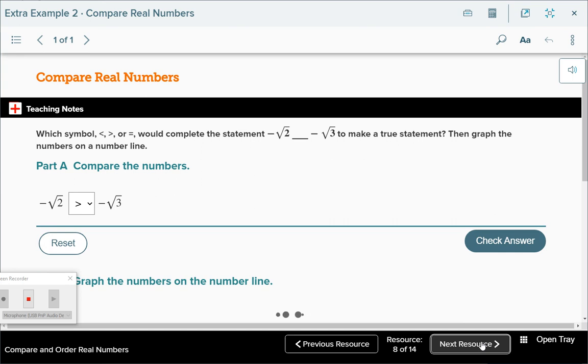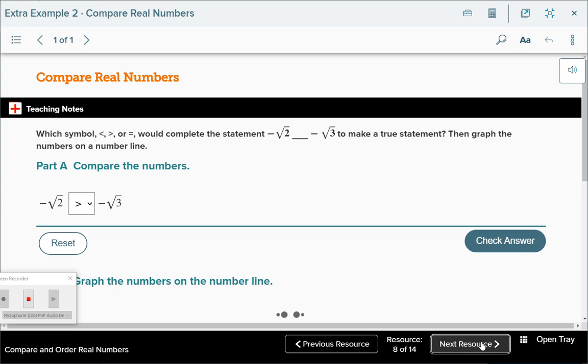Can you use one as a perfect square? No. But let's look at this.